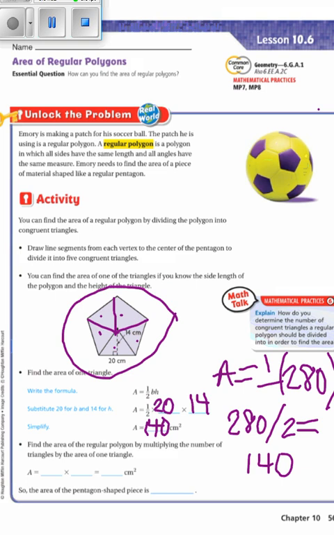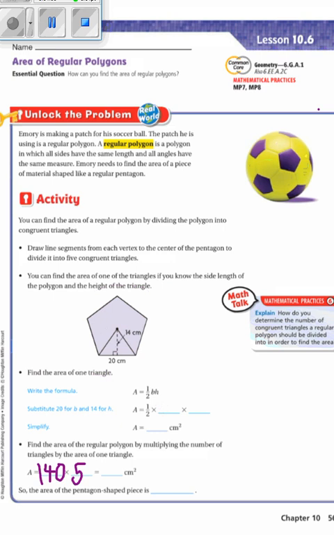So we're going to take 140, which we had here as the answer, times, we had 1, 2, 3, 4, 5 congruent triangles all together. So now we have 140 times 5. We're going to do that, 140 times 5.